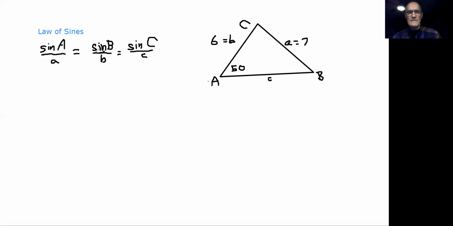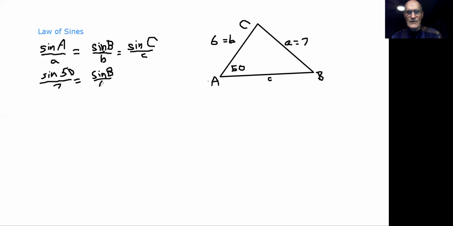If I substitute in, I get the sine of 50 divided by side A, which is 7, equals the sine of B, which I don't know, divided by 6.